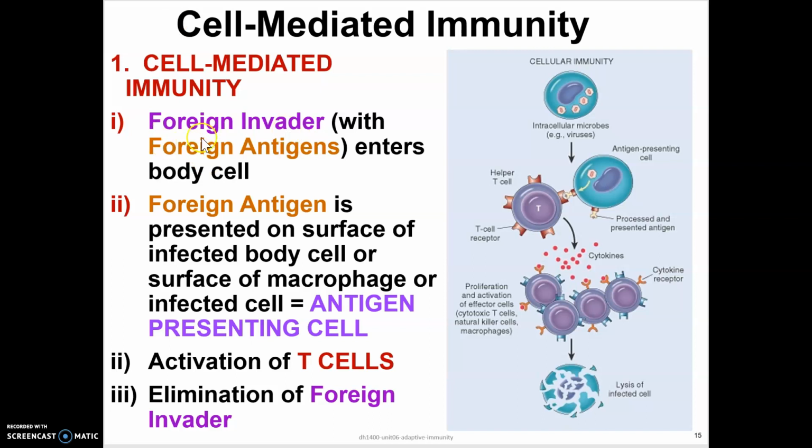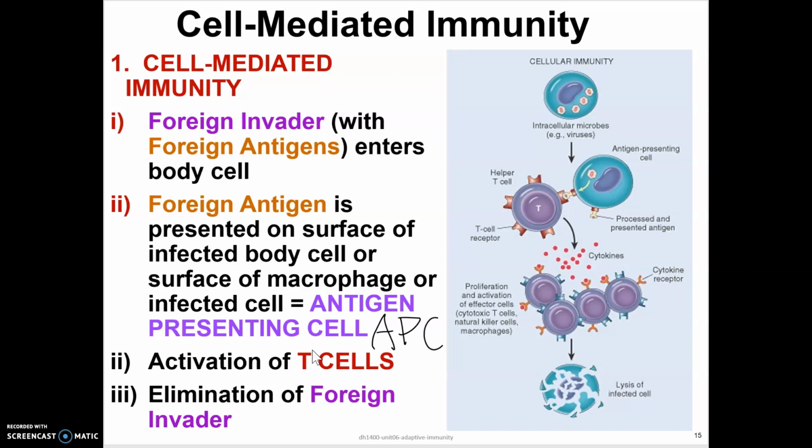So we have our foreign invader or antigen enters the body's cell. Our cells will present that antigen, so it will show the immune system that, hey, look, I've been invaded by something. Something isn't right. Once it does that, we call the cell that's showing off the antigen an antigen presenting cell. A lot of times you'll see it abbreviated APC, antigen presenting cell.